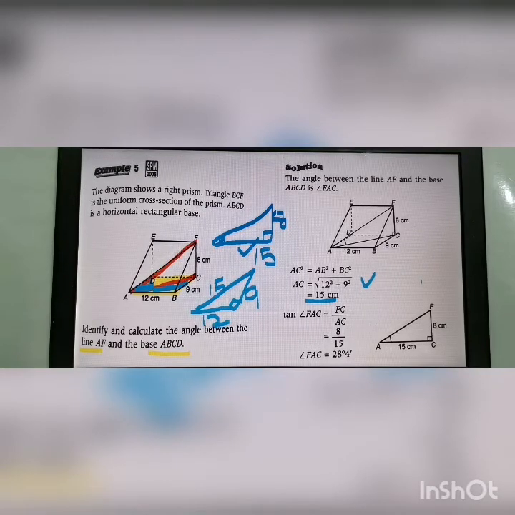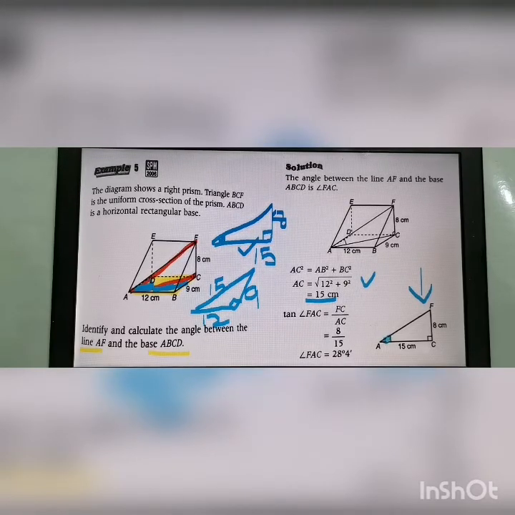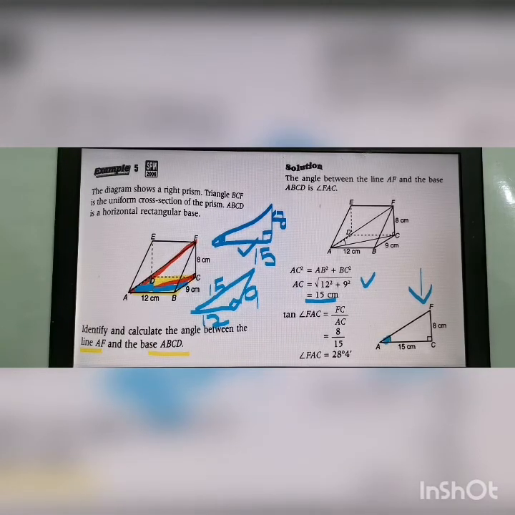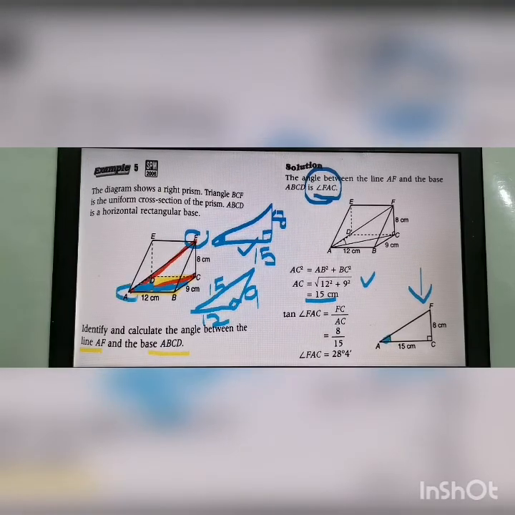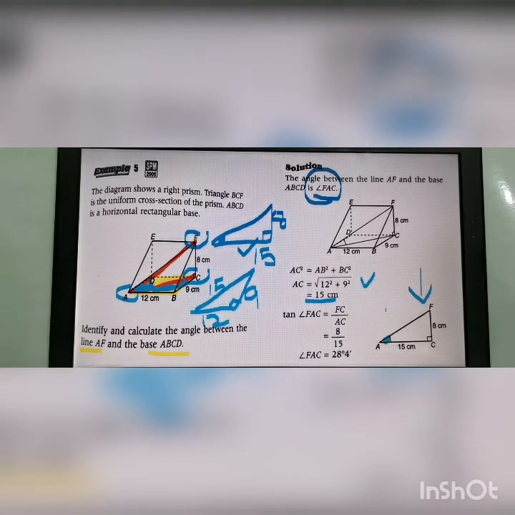Alright, so this is the triangle we want to use. We want to find the angle here. Okay, they ask you to identify the angle, right? So the first answer will be angle FAC. Is FAC, alright? And then after that, they ask you to calculate the angle FAC. So 8 and 15.